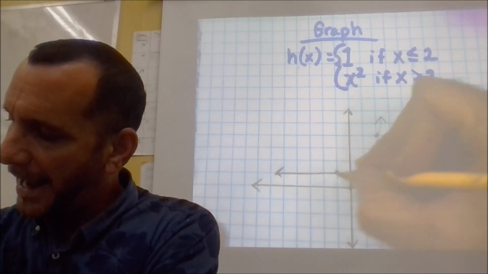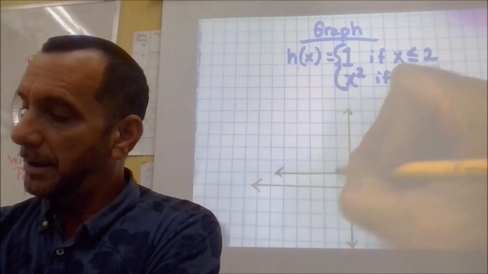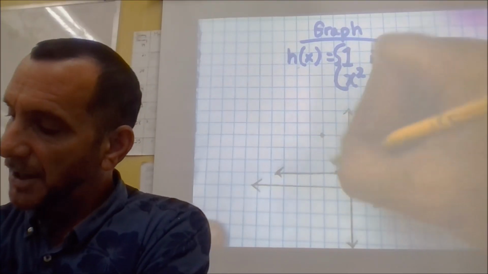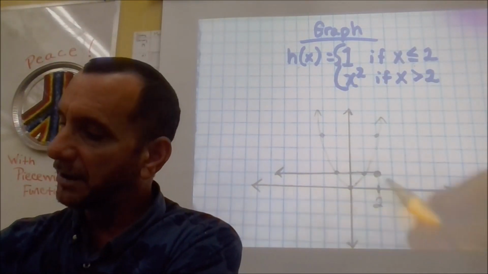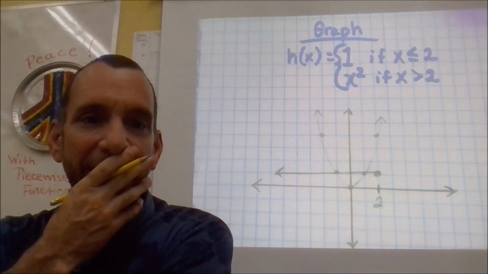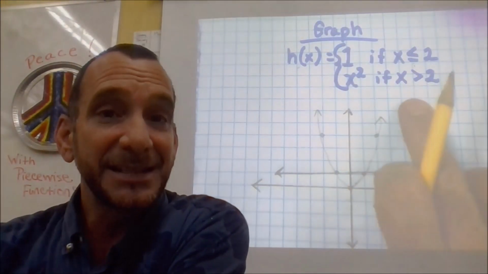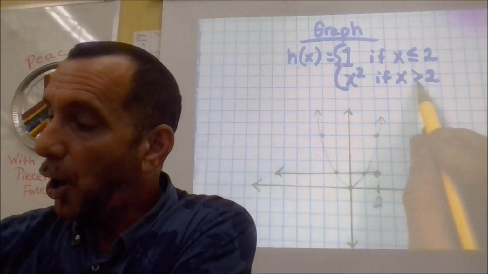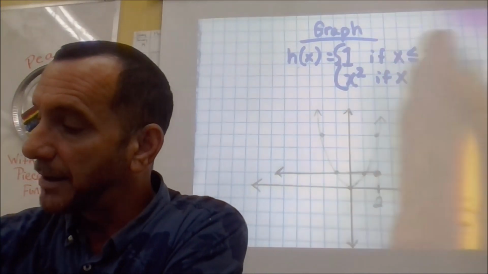This is what the parabola would look like for all values of x. It's just a real light parabola. However, this parabola for this piecewise function is only happening at x is greater than 2.